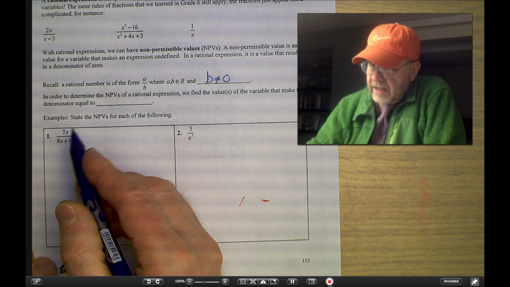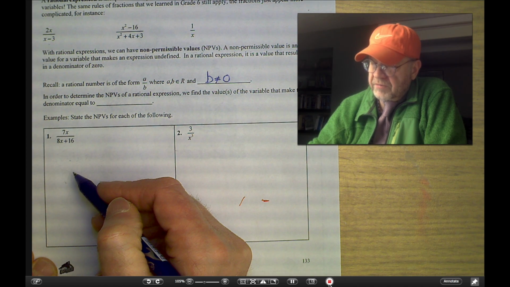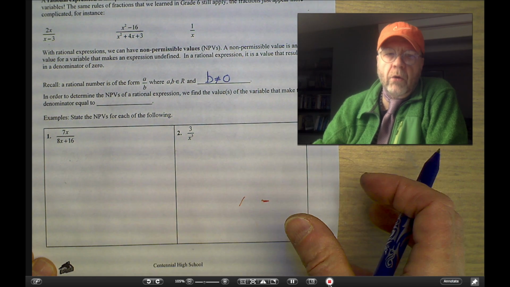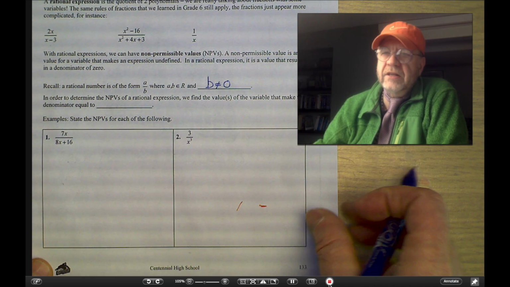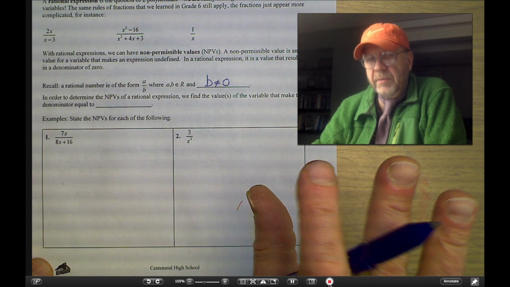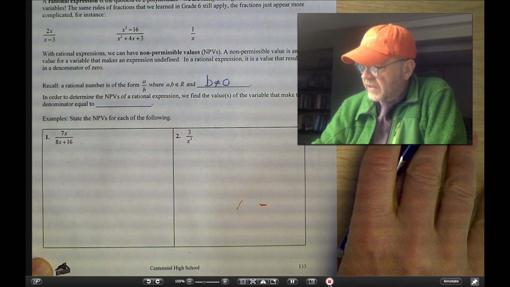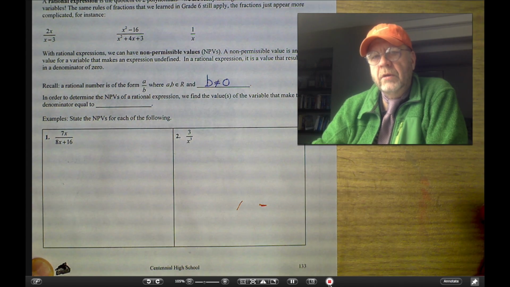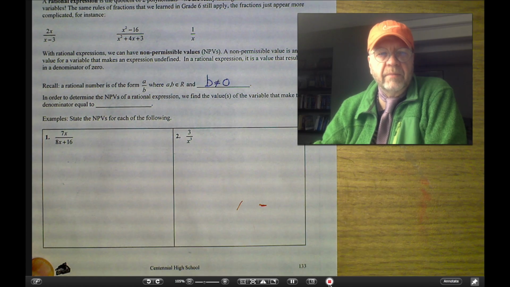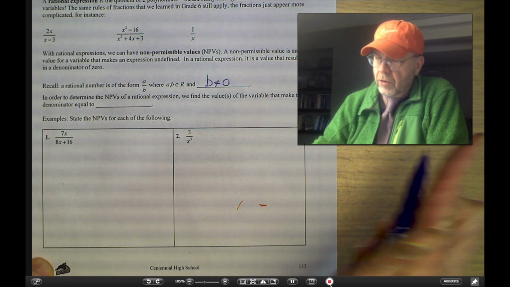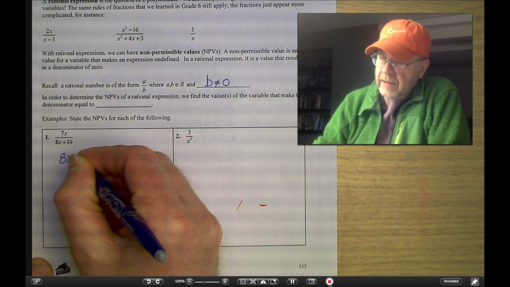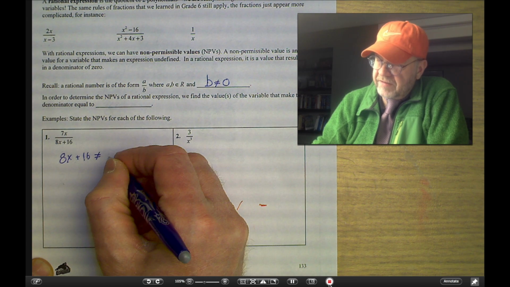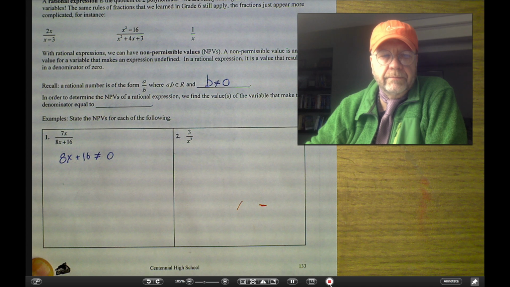This is not a terribly difficult little expression here, 7x over 8x plus 16. We are concerned only with the denominator so far. Okay, later on it gets a little bit more complicated, but for now, let's just look at the denominator. When the denominator is equal to 0, the expression blows up. It becomes undefined or indeterminate. So we must not let the denominator equal 0. In other words, 8x plus 16 may not equal 0.